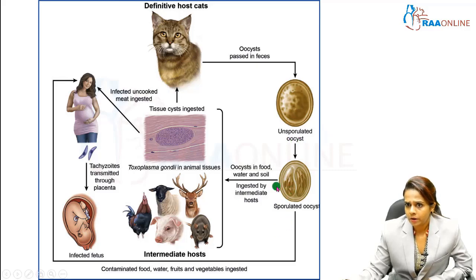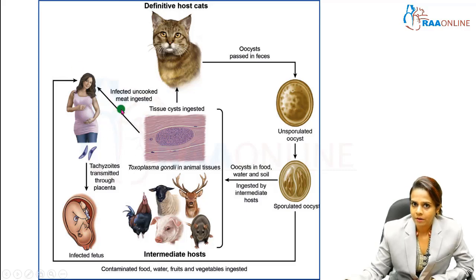The sporulated oocysts are ingested by mammals through contaminated food, water and soil. Ingested tissue cysts can also infect man through contaminated undercooked meat. So the sporulated oocyst and tissue cyst both can transmit the infection.